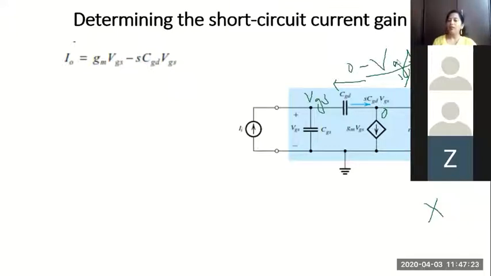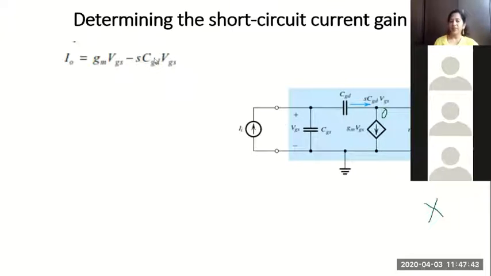Okay, so the voltage is VGS. So this is the value of the current. Which current have I found now? The output current. Now the input current should be written in terms of VGS, if I can take VGS as the common factor here.